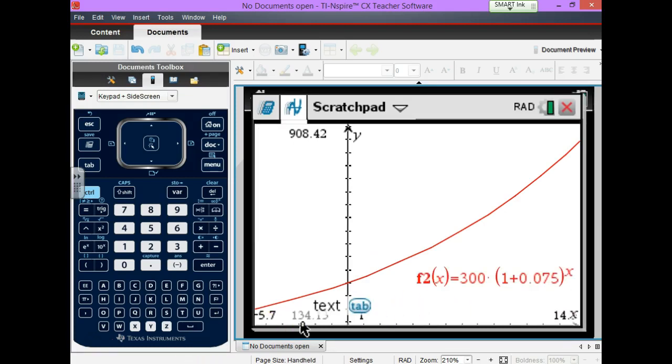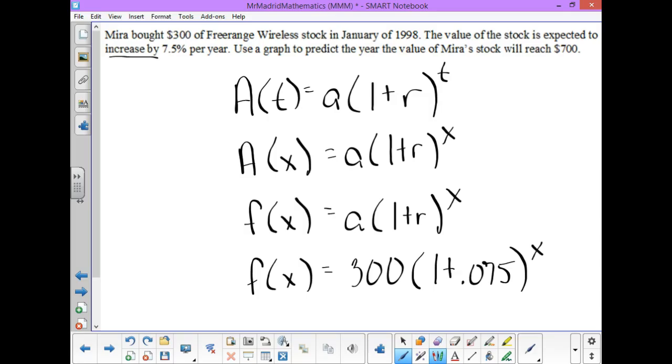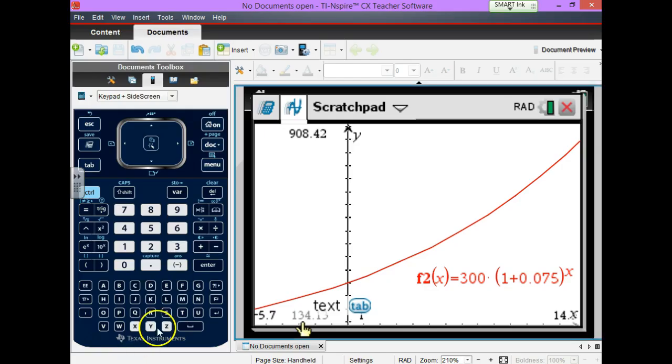So let me go back to the problem. It says use the graph. We now have the graph to predict the year the value of Miro stock will reach $700. So again, the year, right? This is the number of periods per year, and ultimately the Y value is the monetary value. So let's go ahead and go to the calculator. Okay.